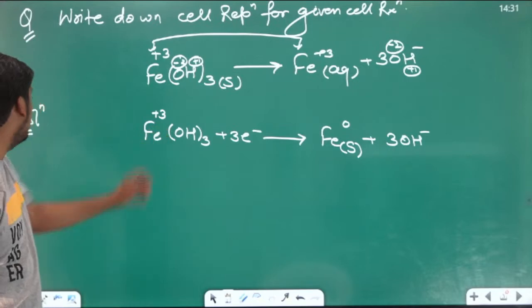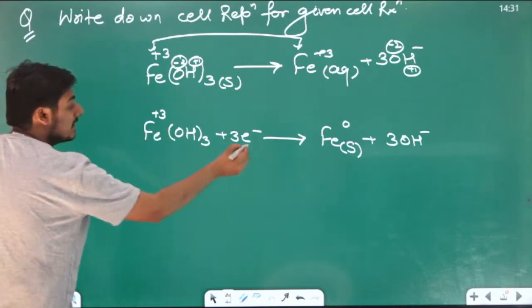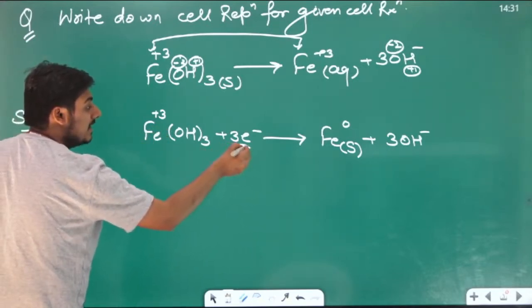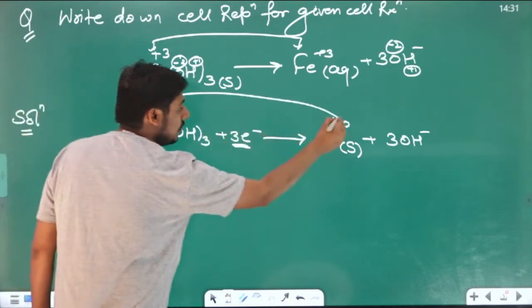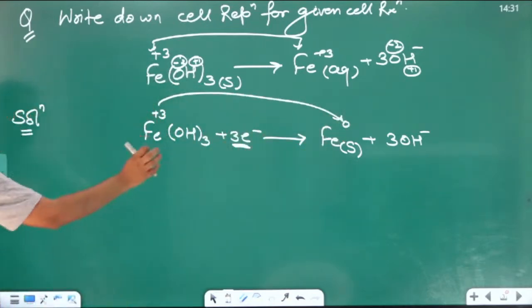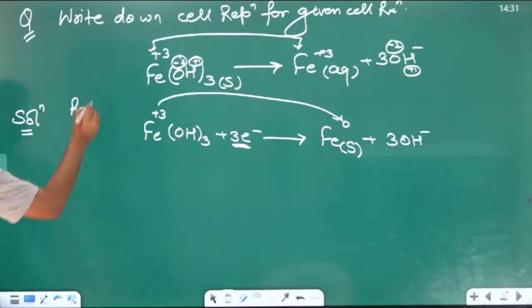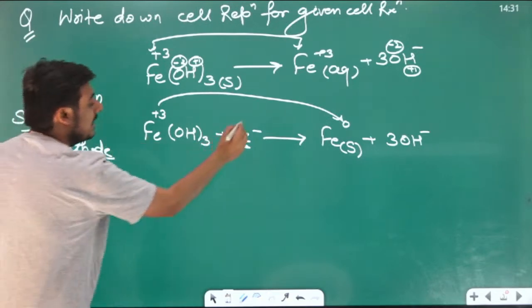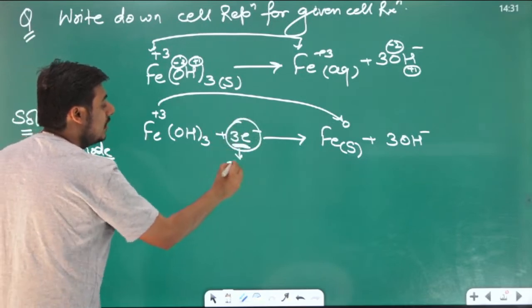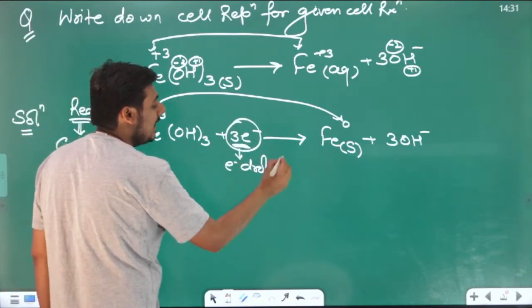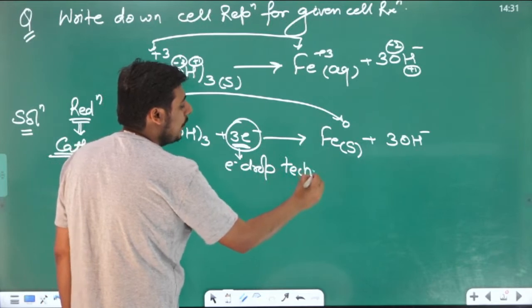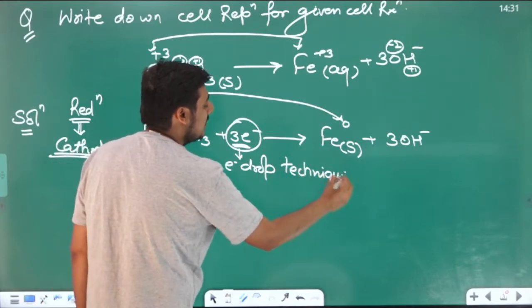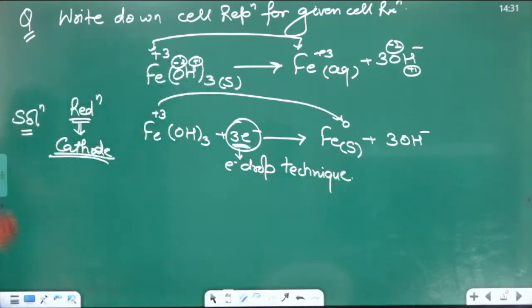By the electron drop technique, I can write down the reduction reaction. Gain of electrons is known as reduction. Decrease in oxidation number is also known as reduction. So I have written the reduction reaction, and reduction in electrochemistry according to IUPAC takes place at the cathode. So we can easily find out the cathodic reaction by using the electron drop technique.